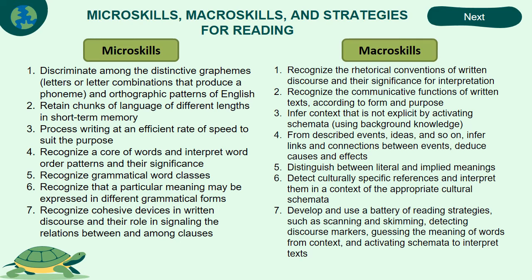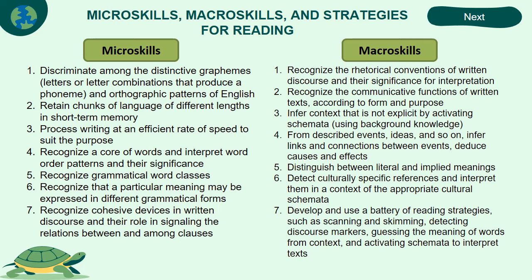The fourth micro skill is to recognize a core of words and interpret word order patterns and their significance. The fourth macro skill is to describe events, ideas, and so on, make inferences and connections between events, and deduce causes and effects. The fifth micro skill is to recognize grammatical word classes. The fifth macro skill is to distinguish between literal and implied meanings.